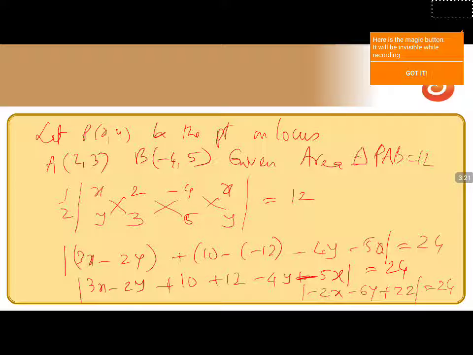When I take minus common, and 2 also common, I get mod of x plus 3y minus 11 is equal to 12.